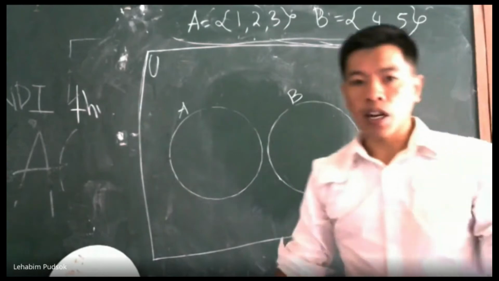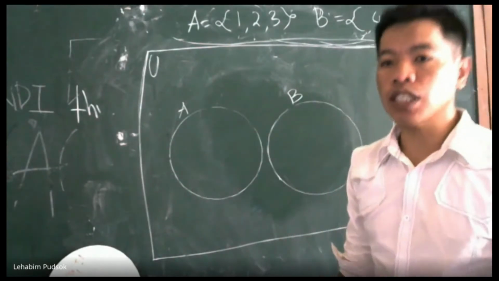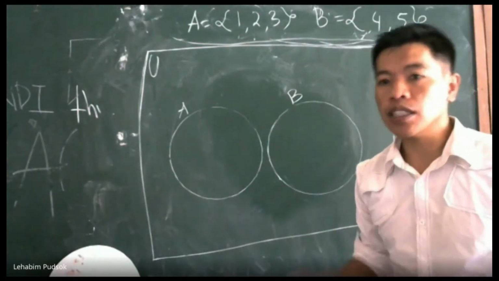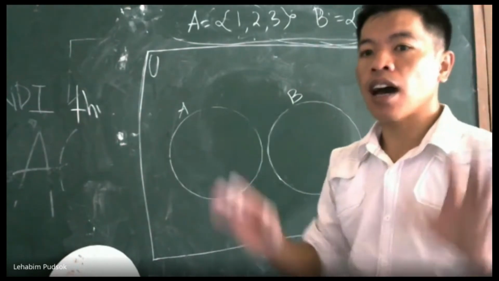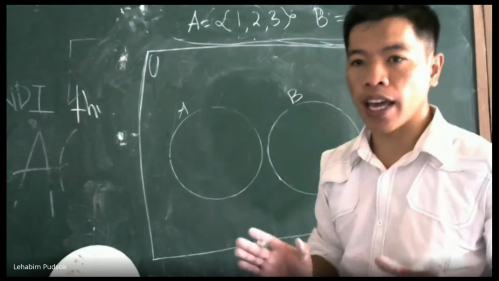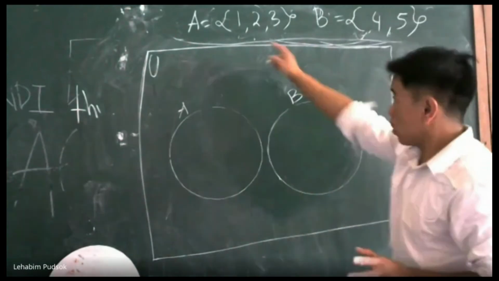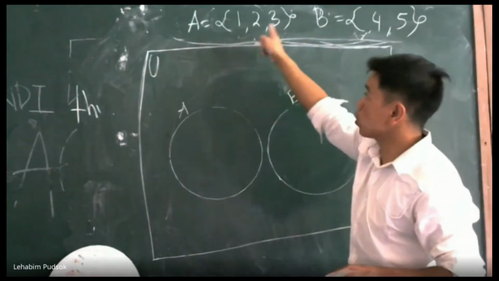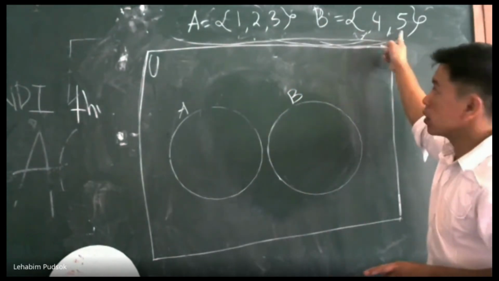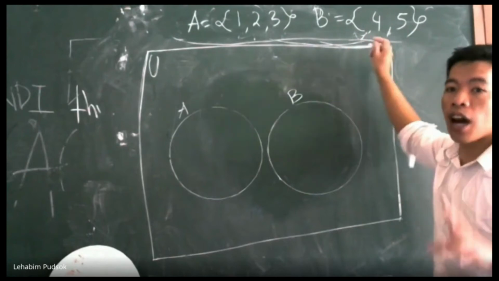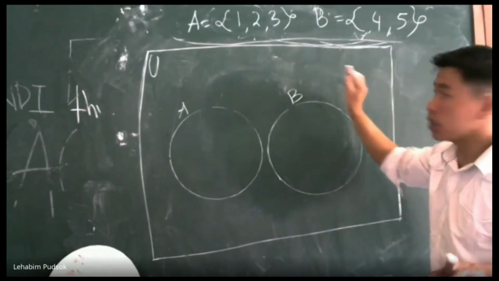If you remember our discussion before about disjoint sets, disjoint sets are sets that have no common elements. Set A is 1, 2, 3, set B is 4 and 5, they don't have the same element, right?